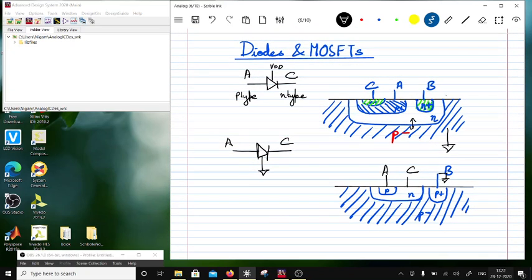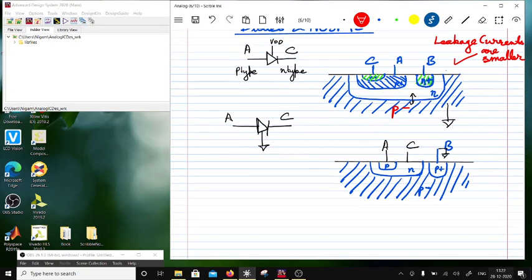Now this diode is going to have some advantages over this one. This diode has an advantage that the leakage currents are going to be smaller here. Leakage currents are smaller because it sits in its well, while in this case it is sitting outside the well, so the leakages from this diode are going to be more.